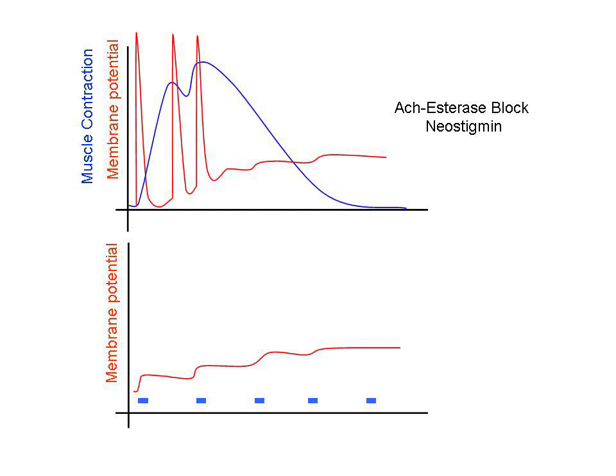Thus, this is basically the mechanism of how the depolarization block prevents action potential.